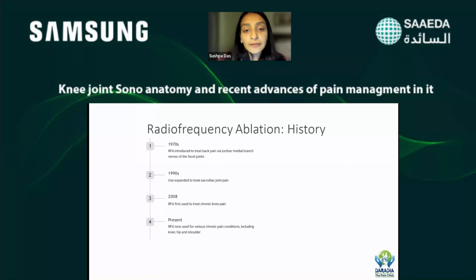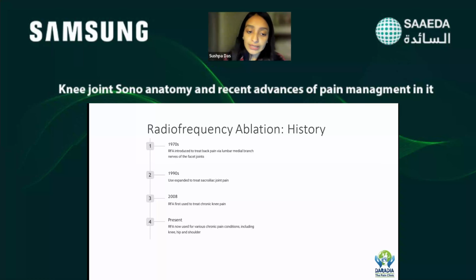So first it was tried with back pain, lumbar medial branch block for the facet joint pain. Then in the 90s, sacroiliac joint pain was treated with radiofrequency ablation. Later in 2008, much later, it was used to treat chronic knee pain.